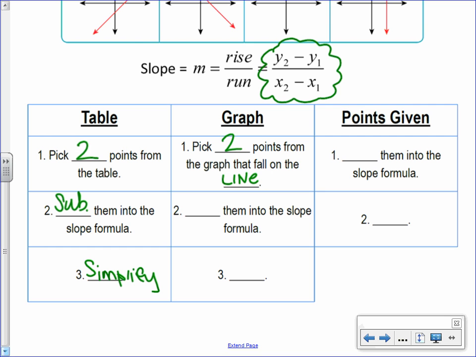Then you're going to sub it into the slope formula. Then you're going to simplify. Those steps don't change. Does it still have to do with the fractions? Yep. If they ever ask for slope, you keep using the same formula.